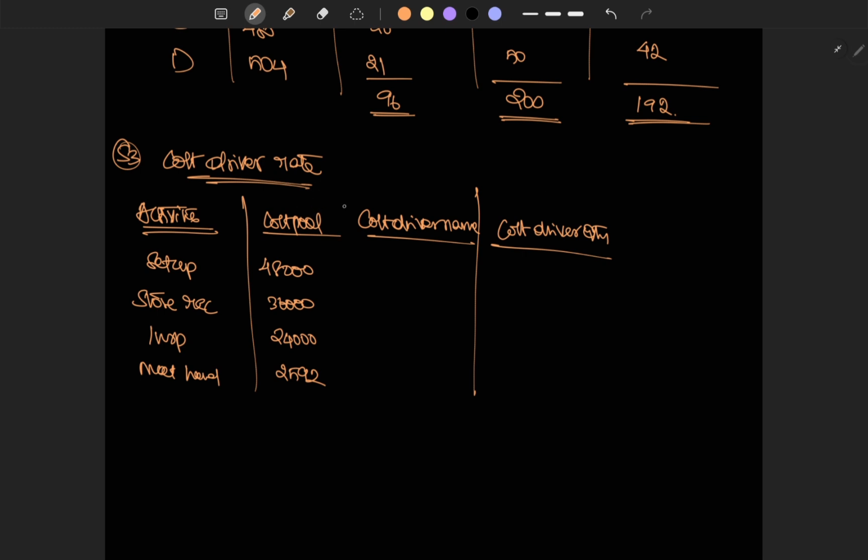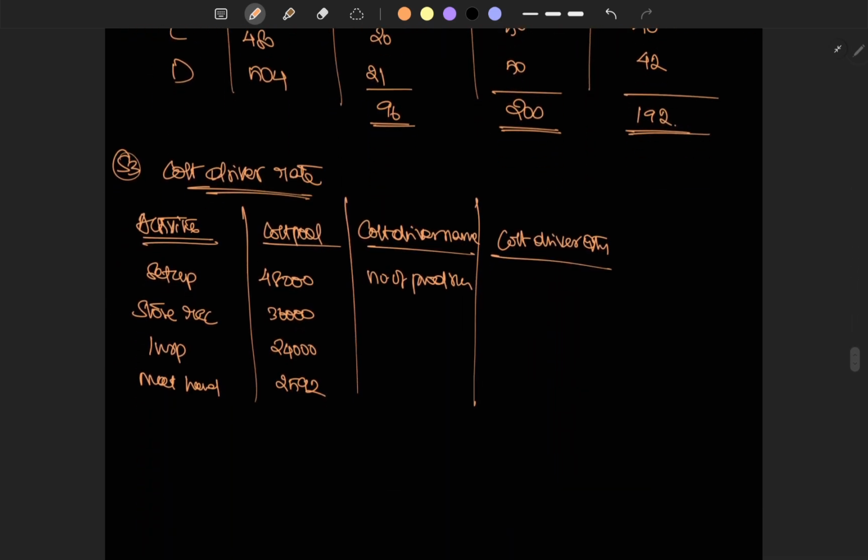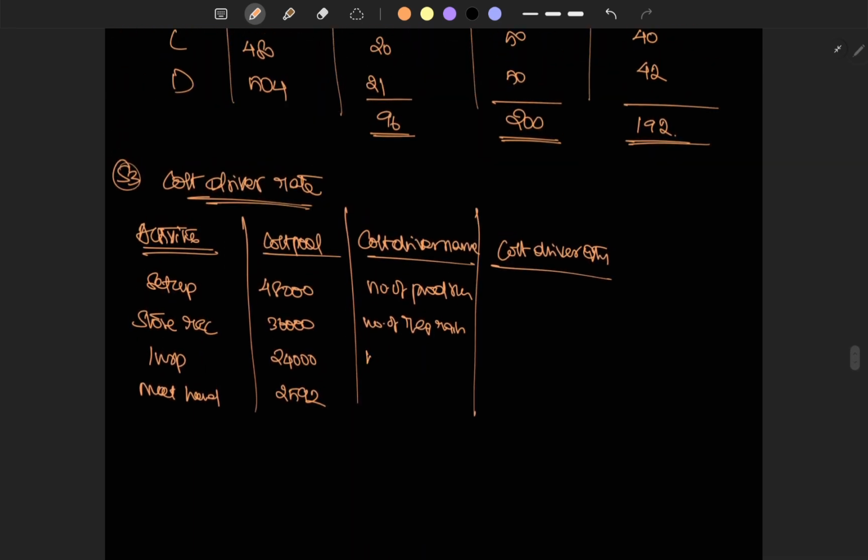So cost driver name: for setup, the number of production runs is the cost driver name. For stores receiving, number of requisitions raised is the cost driver name. For inspection, also number of production runs.